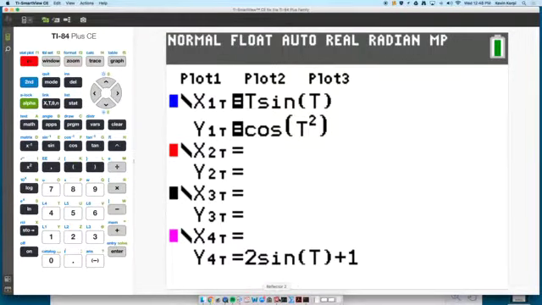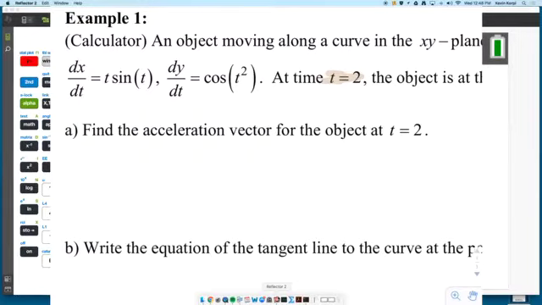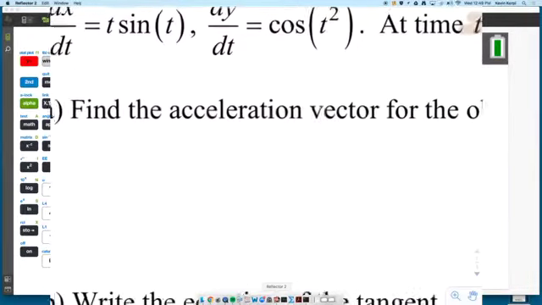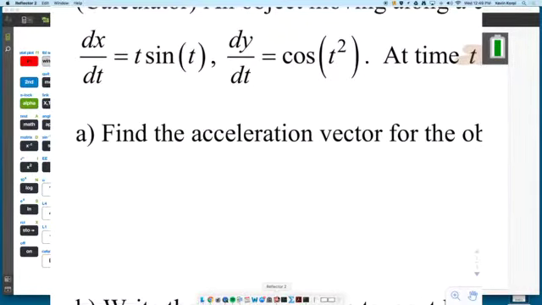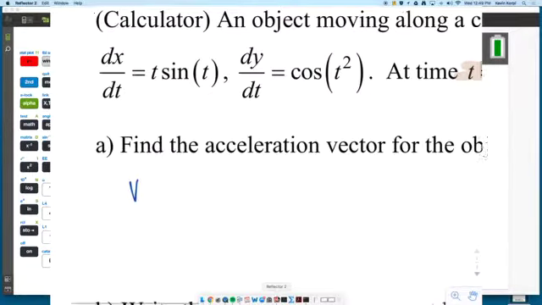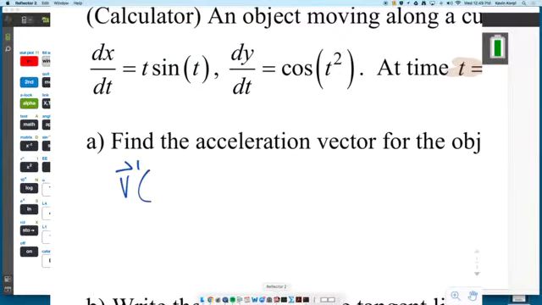So with those in your calculator, all you have to do is show your notation. So I'm going to go ahead and say that my velocity vector prime is going to be my acceleration vector. So by doing that, again, we're defining what A is in terms of the velocity, what's given.